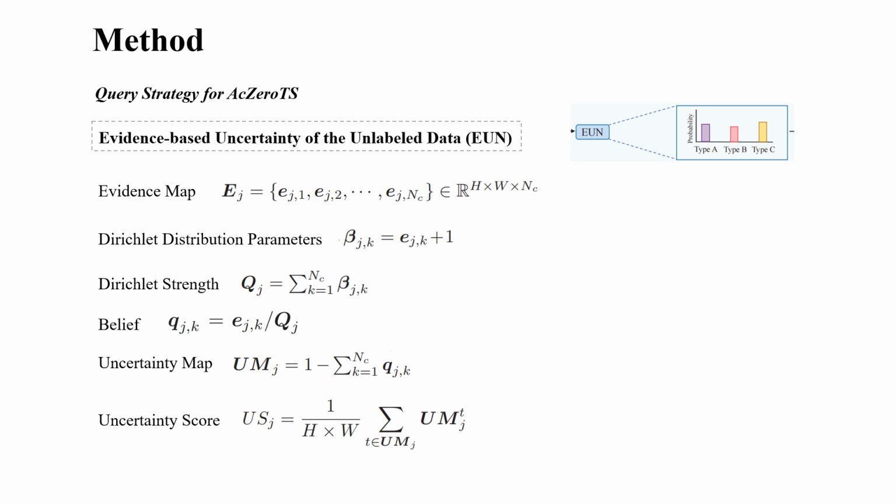We connect the pixel-wise evidence to the Dirichlet distribution parameters with strength QJ, by which we can assign a belief mass QJK for each class K. In essence, the increased evidence supporting a class results in a greater belief mass being allocated to it. Based on it, the uncertainty map is formulated as UMJ, and thus the uncertainty score is defined as USJ.